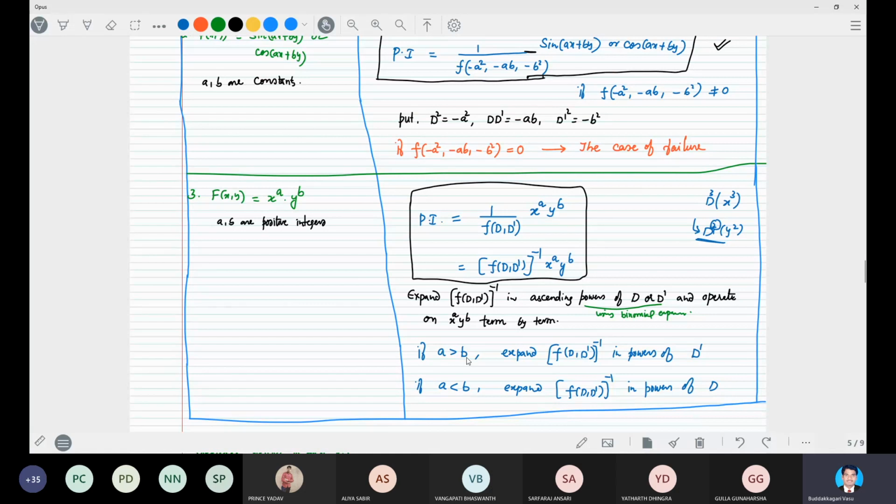If a is greater than b, you expand f(D, D') whole power minus 1 in powers of D', so that it is a lesser number of times needed to differentiate with respect to y if b is less, right? If b is more, then go for powers of D, so that the differentiation number of times will be lesser and the solution can be got very quickly.